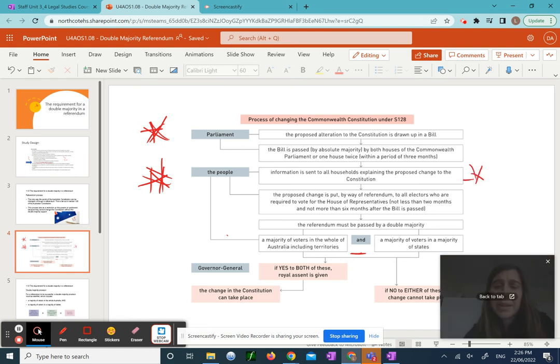And then from there, everyone will need to vote on this, including all people in the House of Reps and the Senate. And this vote needs to occur 2 months after the bill has been passed and 6 months before the bill.